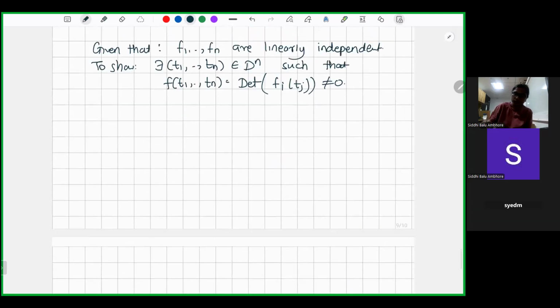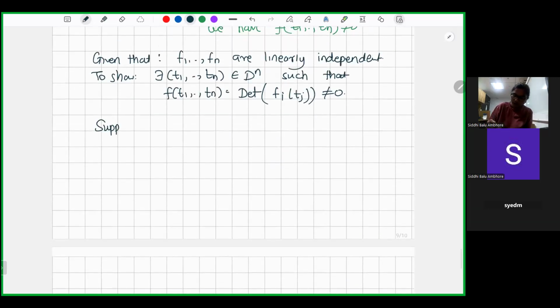So suppose for all t1 to tn in Dn, this f of t1 to tn is 0.